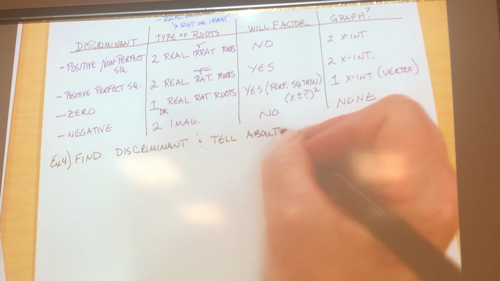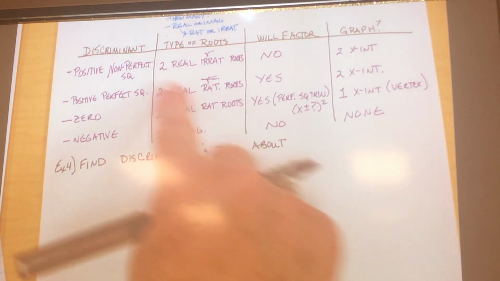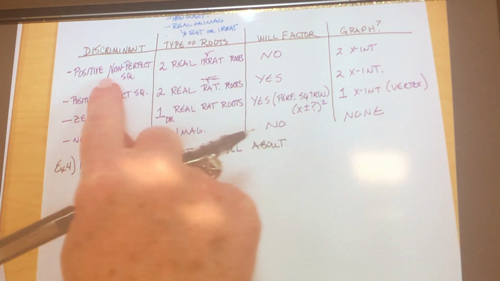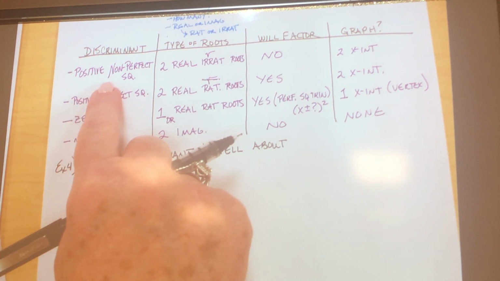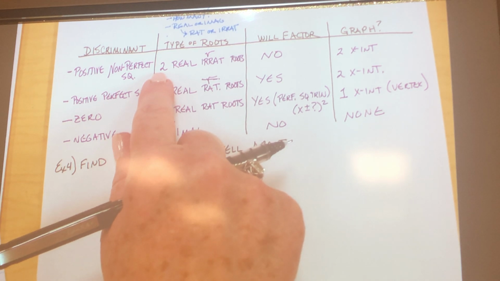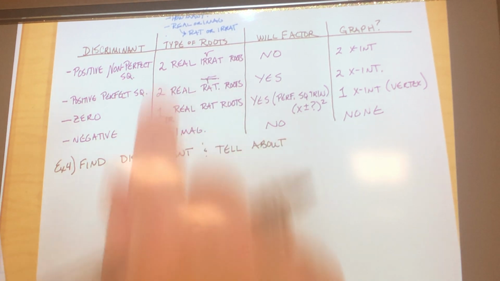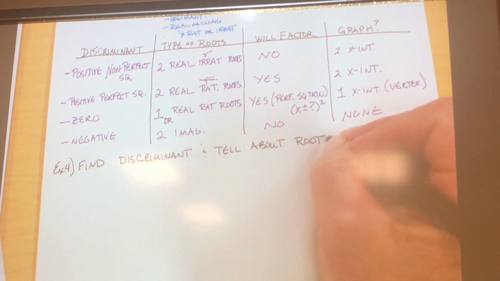You're going to have questions like this on that worksheet I'm going to give you today, on that little packet we're going to start on Monday, and on your big test. You better tell me everything right here. If you get the discriminant and you say he's 43 and you got 2 roots, I'm going to be like, oh, so sorry. You didn't tell me if they were real or imaginary. You didn't tell me if they were rational or irrational. You got to tell me everything. Tell about the roots. Everybody got it?